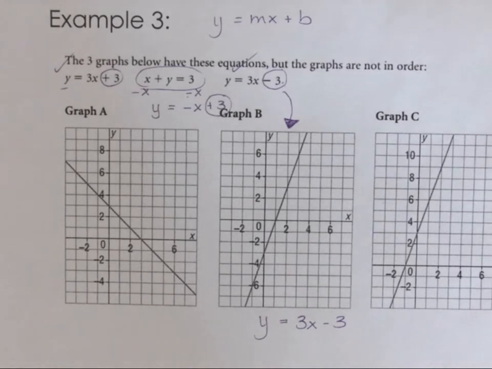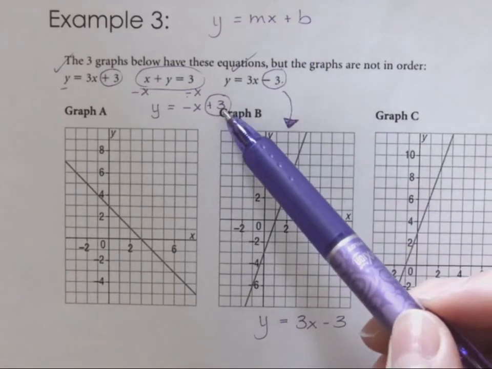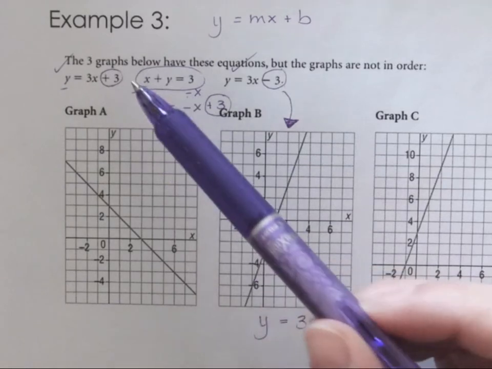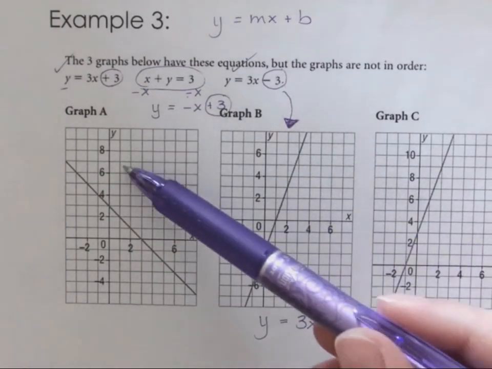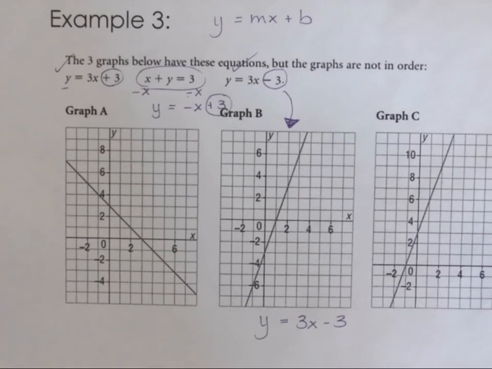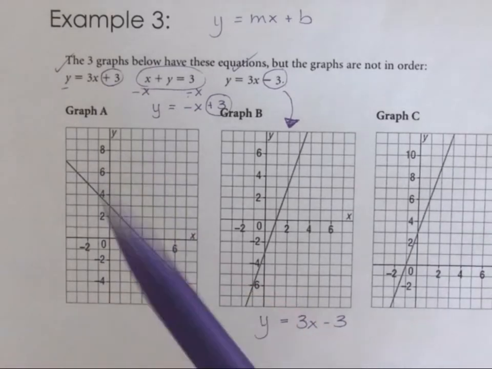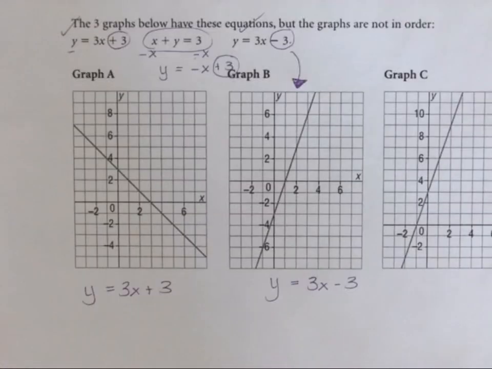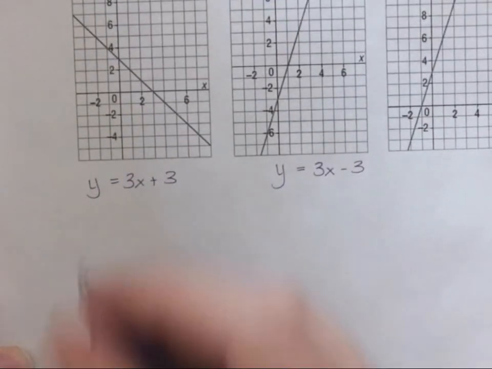Now I just got to figure out the other two, because this one crosses at +3 and this one crosses at +3. So I need to figure out which graph either A or C matches. So I'm going to look at this table of values here. So y equals 3x plus 3. And I'm going to do a little quick table of values for it.